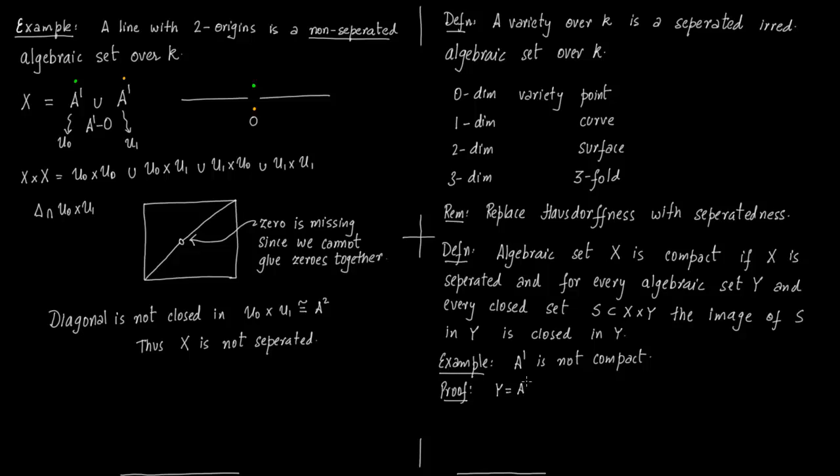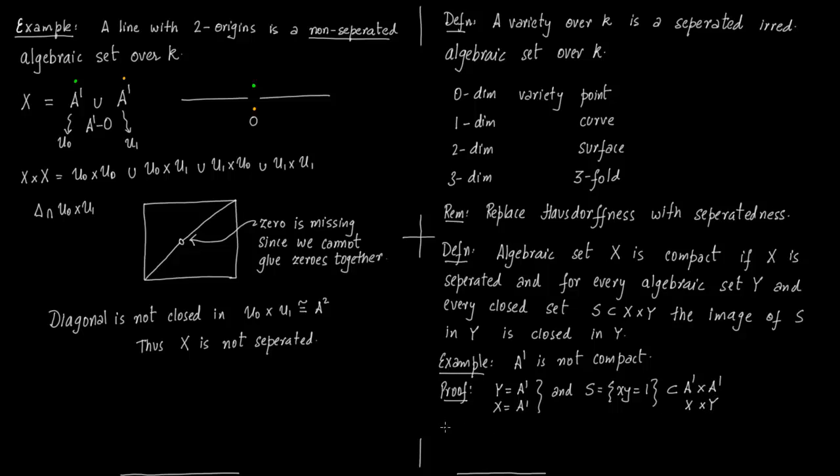So we can use the above definition. Instead of X we have A1, and we will take Y as A1 too. Y is also an algebraic set, and we know X is separated. The set S we will take as xy equals 1. This is clearly a subset of A1 times A1, X times Y. So what do we need to check?